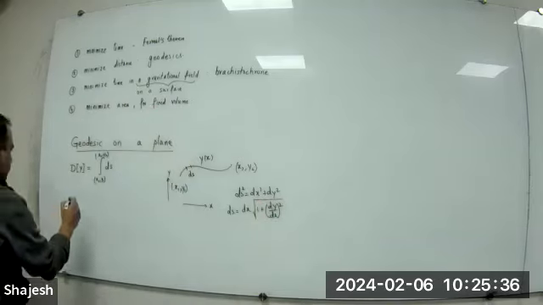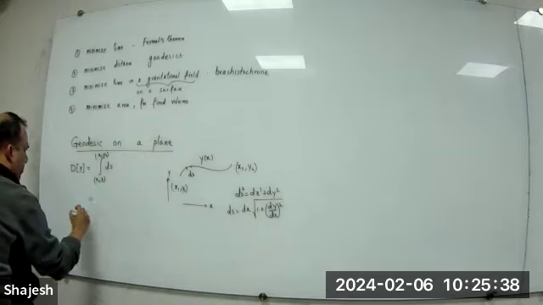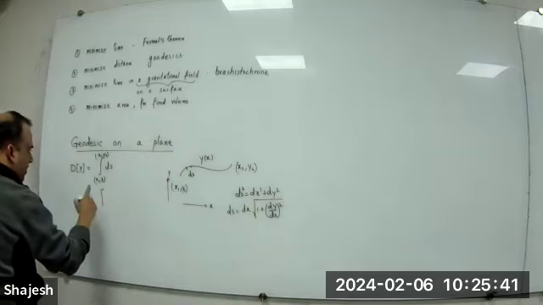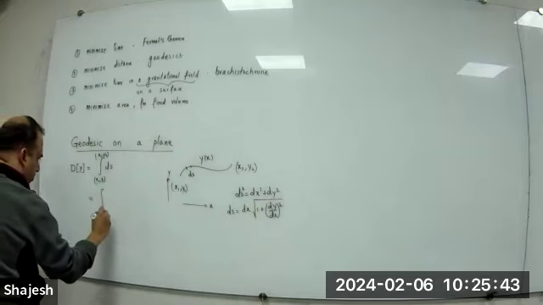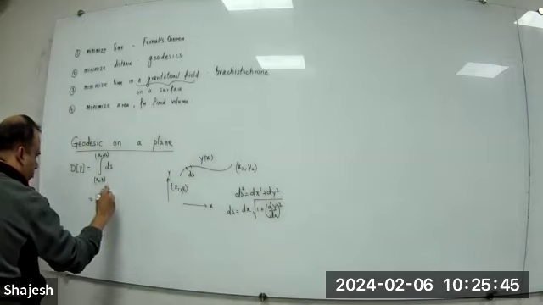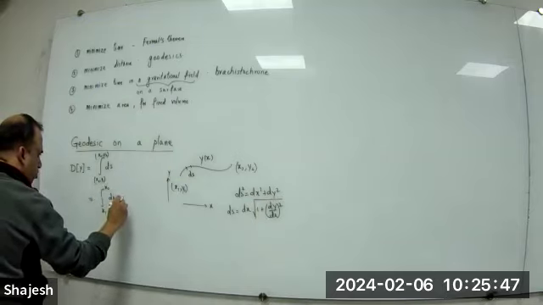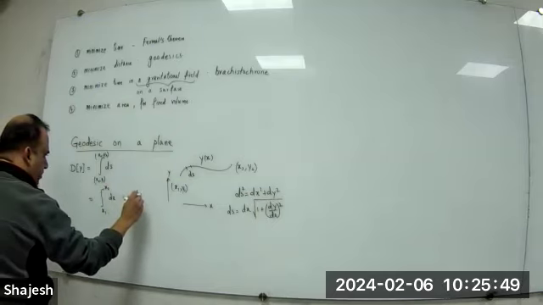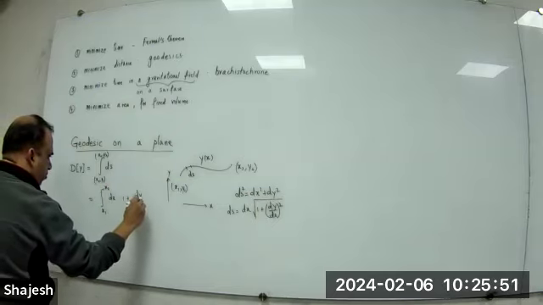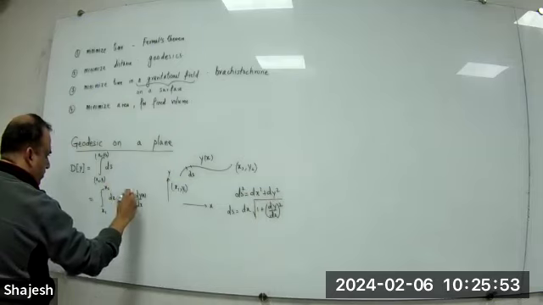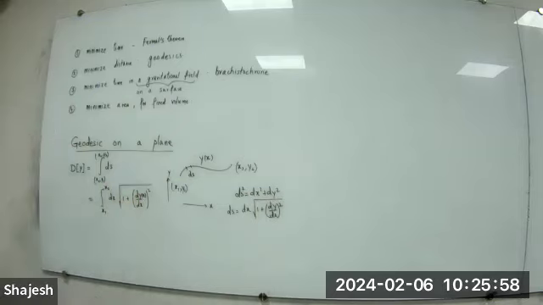So this functional is nothing but, this time I can specify it is going from x1 to x2, the integral of dx times the square root of 1 plus (dy by dx) squared, where y is a function of x.